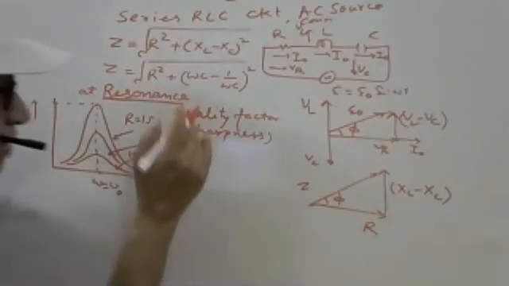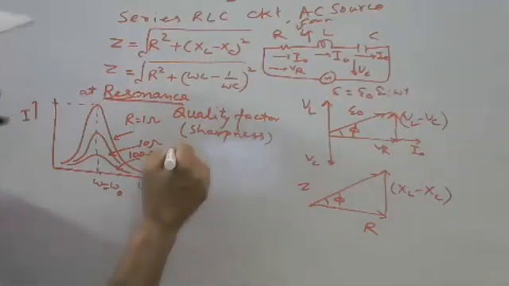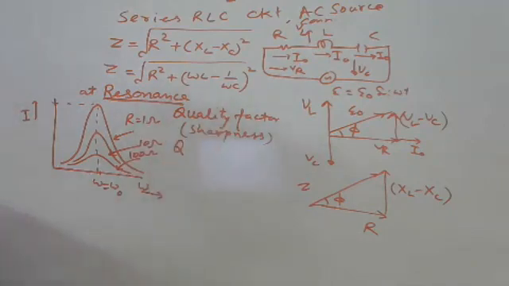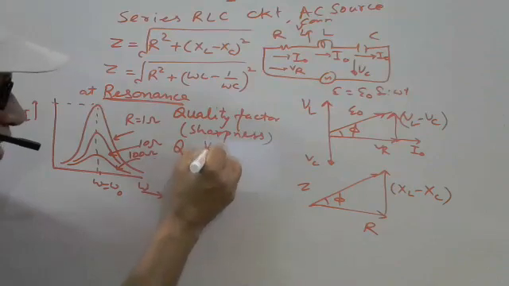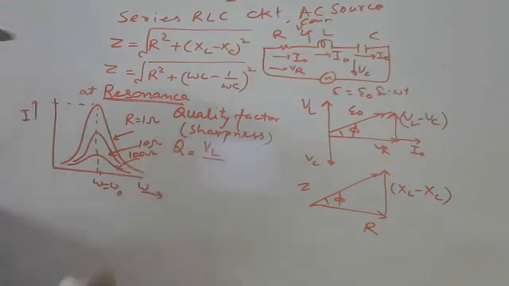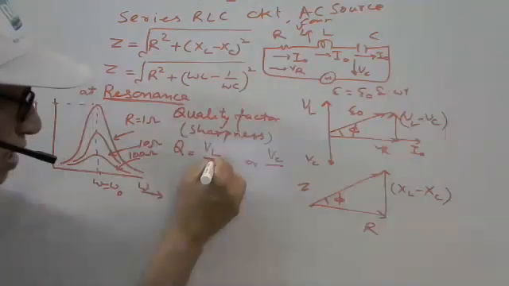So quality factor, sometimes also called Q factor, can be defined as the voltage across L or the voltage across C upon the applied voltage.